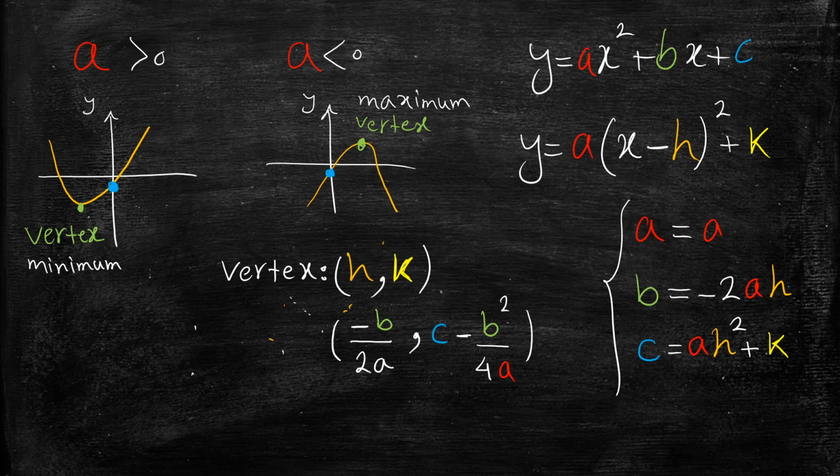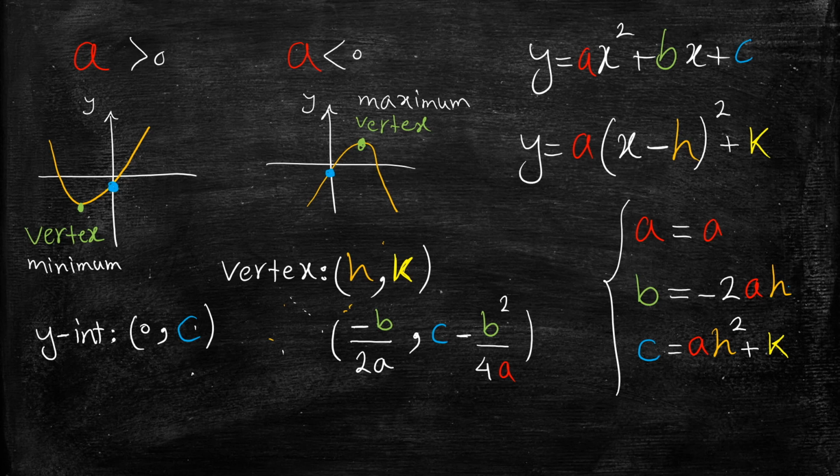That's the summary of what we covered. And we know c, the lone number in the general form, is the y-intercept. So the y-intercept is, the x of it is 0 and the y is just c.